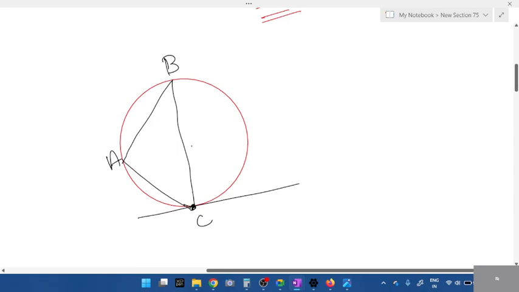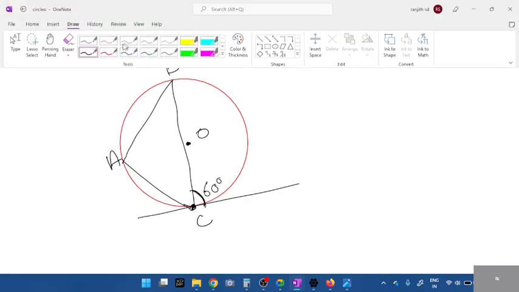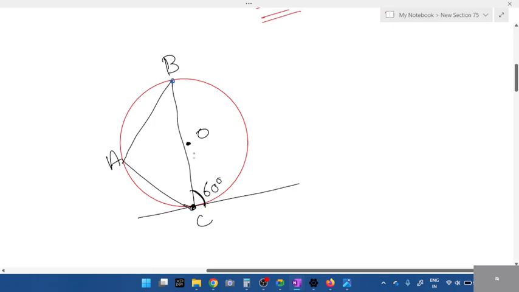And this is not the center, students. BC is not a diameter. It can be a diameter or it can be away from the center. O is the center. So the angle formed here, if this is 60 degrees, where is this angle formed? Touching which chord? Chord BC and tangent PT, right?